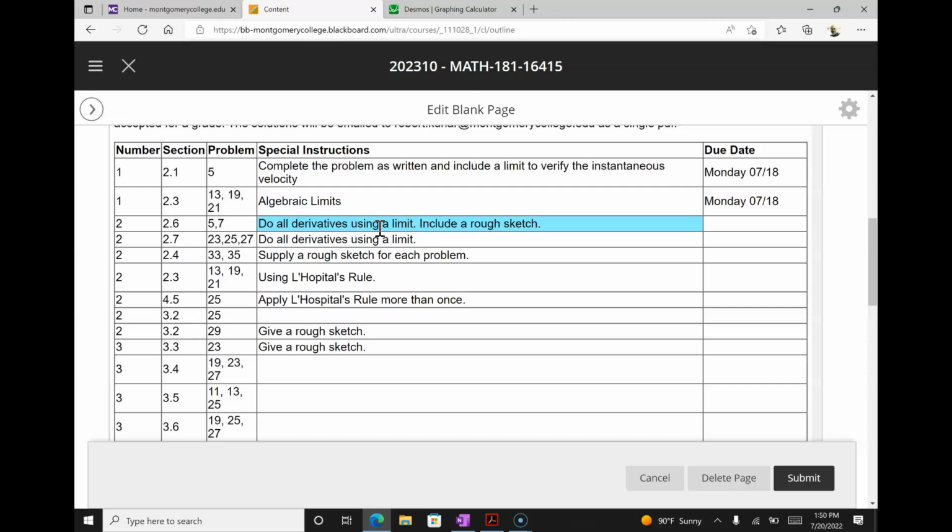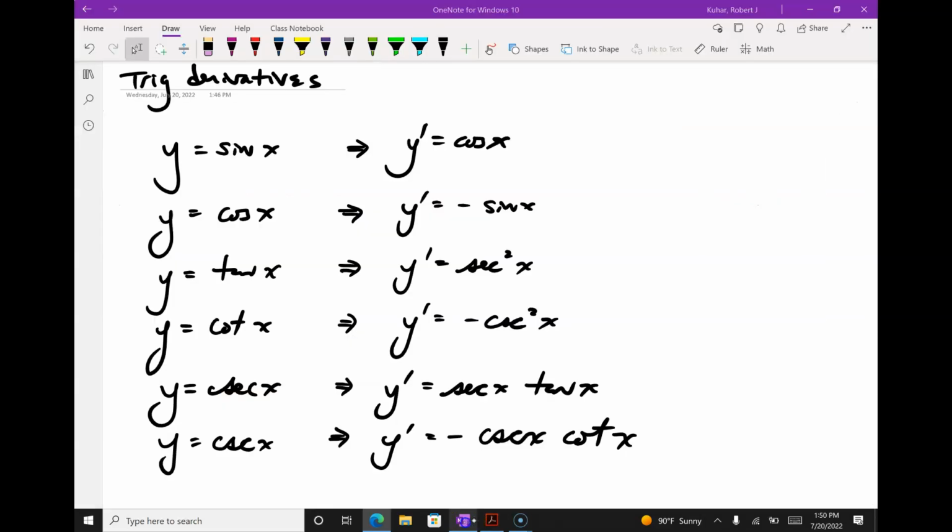So read the book instructions and then include my answers to my instructions. Nice. Let's take a quiz.